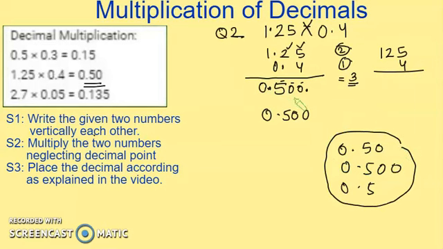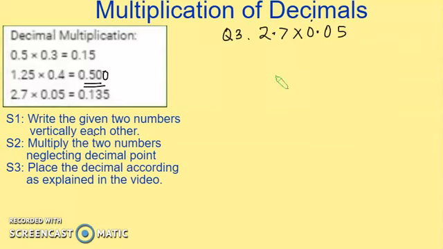So we can go ahead with 0.500, the rule that we have learned. We can write this also, there is no issue, but they are all the same, that I will explain to you later.